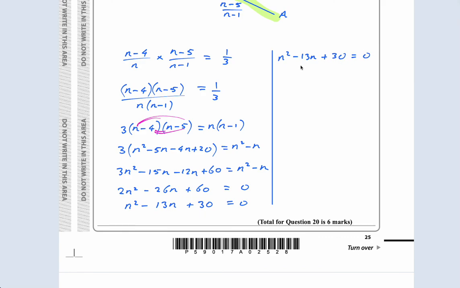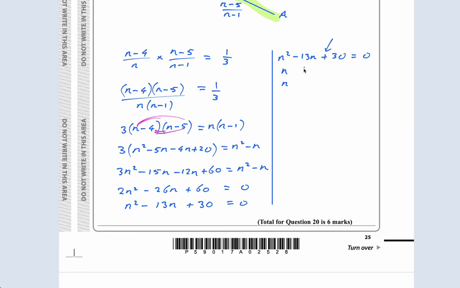Remember, you have your calculator to help you. I'm going to do this without the calculator. I have n and n. Factors of 30 that'll give me 13. Well, I have 5 and 6, that's no good. 15 and 2, normally I'd say great, 15 and 2 works, but because this is plus, the signs have to be the same, so 15 and 2 won't work because it'll give me 17.